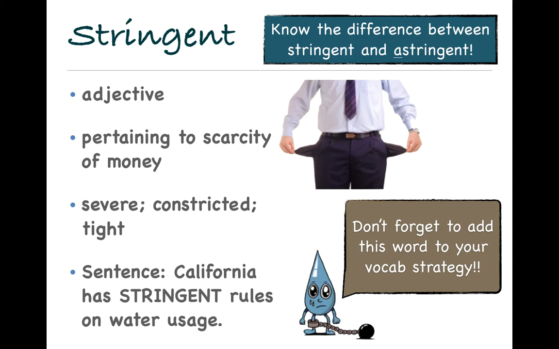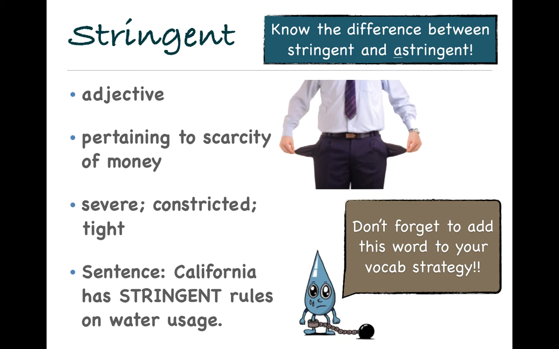Stringent is an adjective, just like astringent. And it has 2 definitions here. First, it can pertain to having little money. So scarcity of money. But it also can mean severe, constricted, or tight.